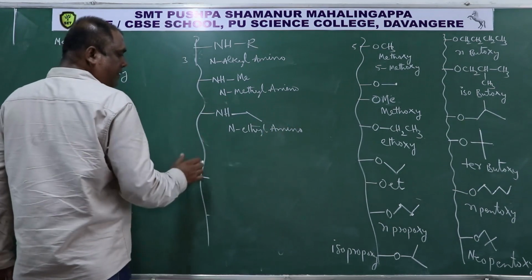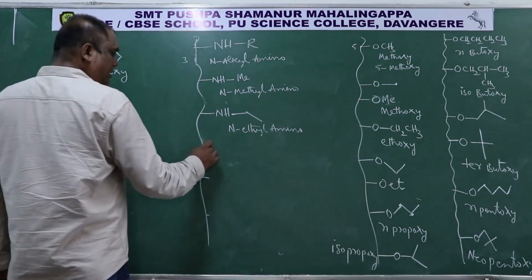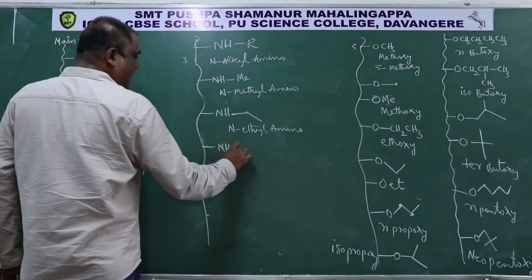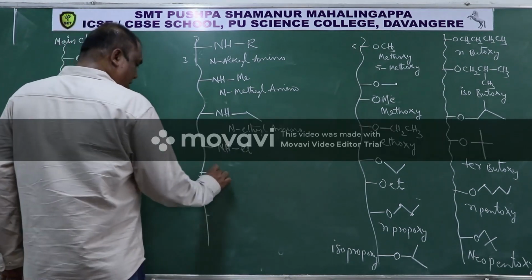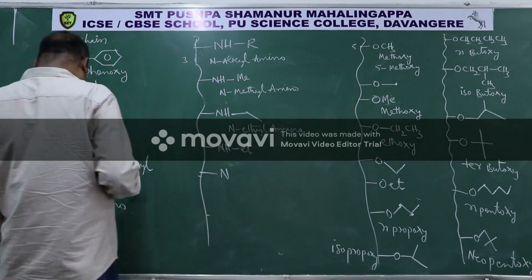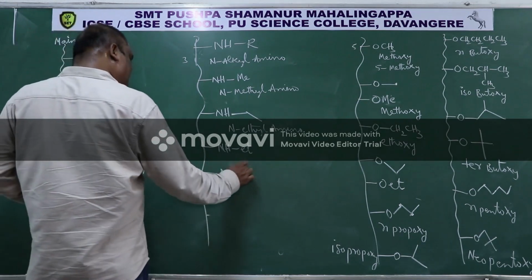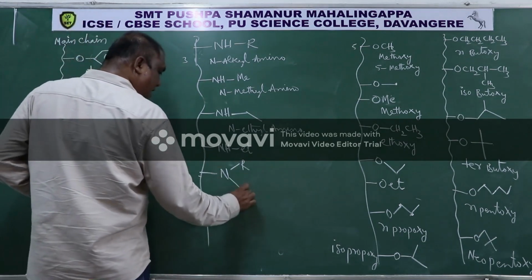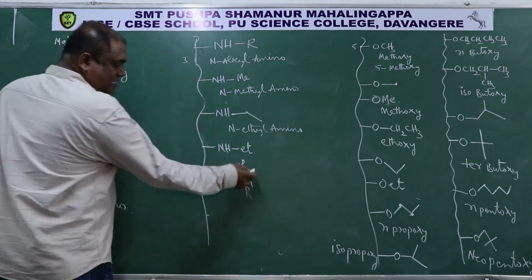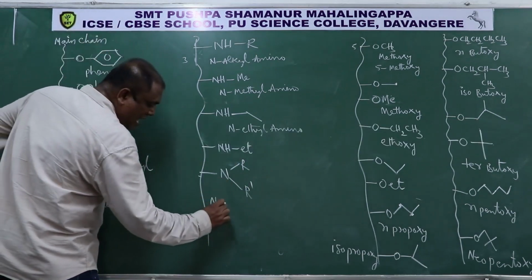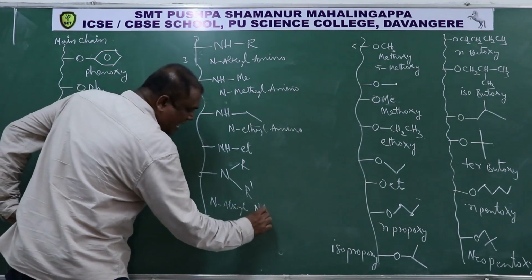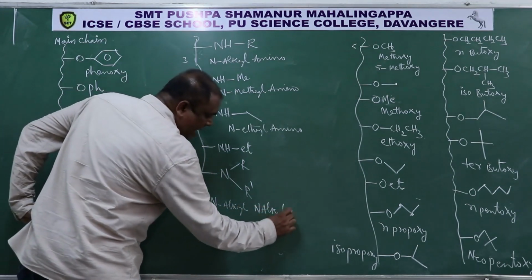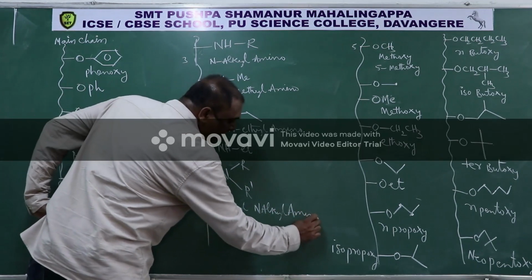That is also written as NHEt. Now, in this NH2, one hydrogen replaced by R, another hydrogen replaced by another alkyl group. Then the side chain name becomes N,N-dialkyl amino.